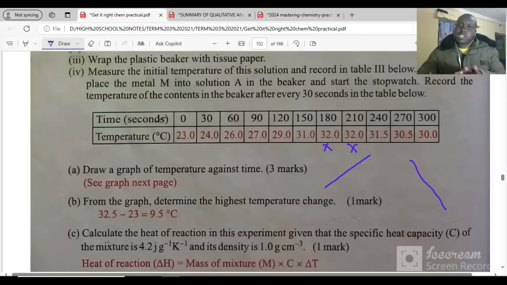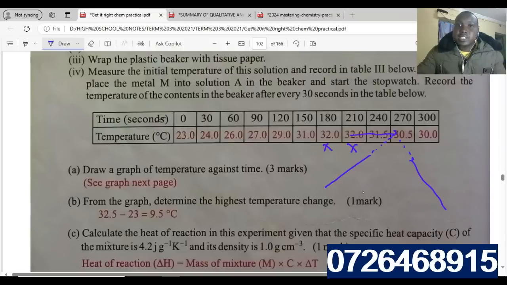So after you have put those two constants, 30, 30, there must be 31, 30 and 29, so that you can be able to draw this line. Then from there, you can now extrapolate. So hapa now, that is where you read the final temperature. That's in case the reaction is exothermic, like this one is exothermic.